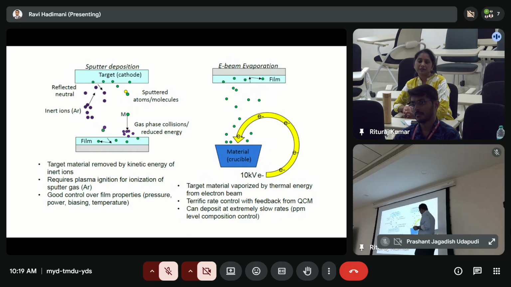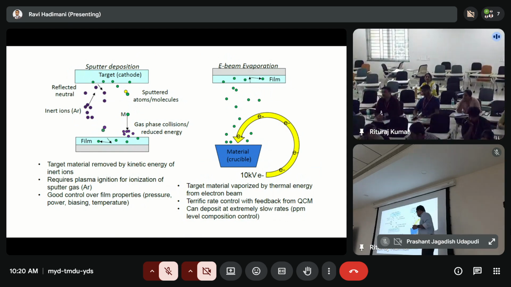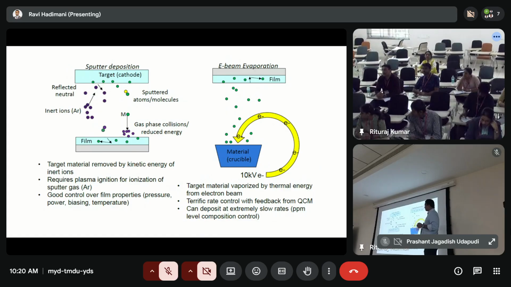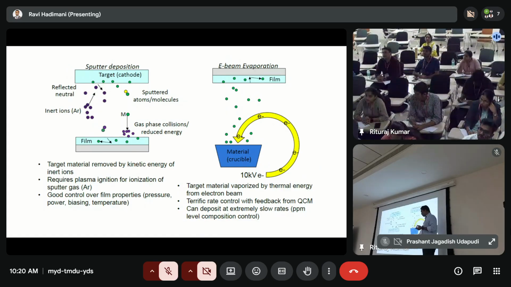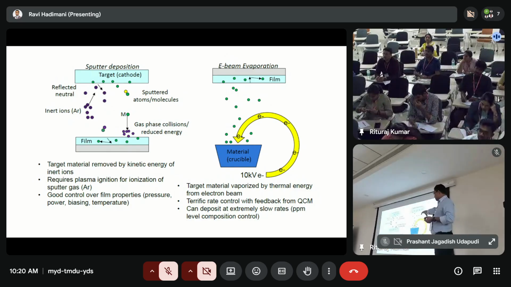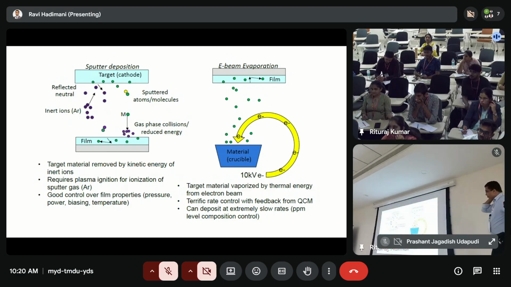We also talked about E-beam operation. For E-beam, the voltage you need for generating electrons is about 10,000 volts, and you use different metals or materials to create electrons. Thermal evaporation, sputtering, and E-beam are physical vapor depositions.